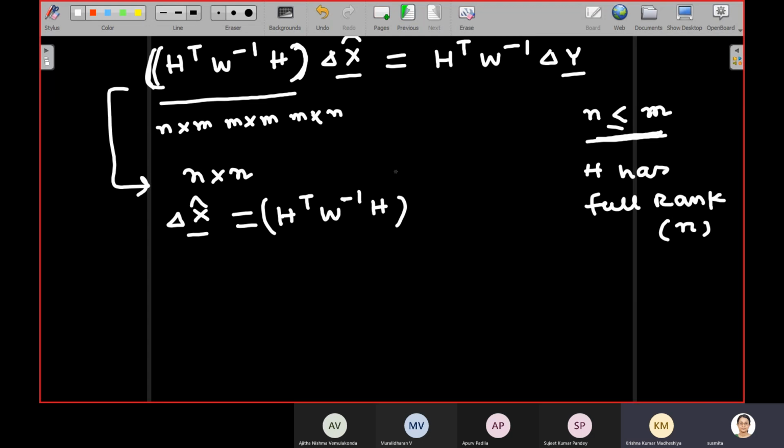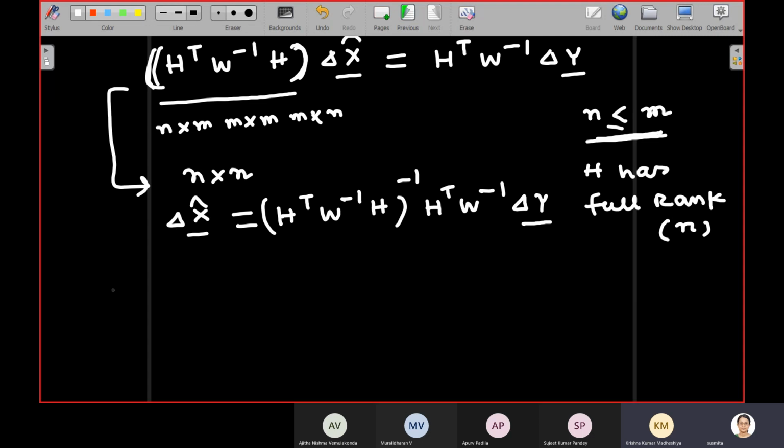No, it does not. M has to be greater than or equal to N, and H should be full rank. Otherwise, you do not. And it is also called the pseudo inverse of H. H is a rectangular matrix. We cannot find the inverse of H. So this is the estimate of delta x that we are looking for.